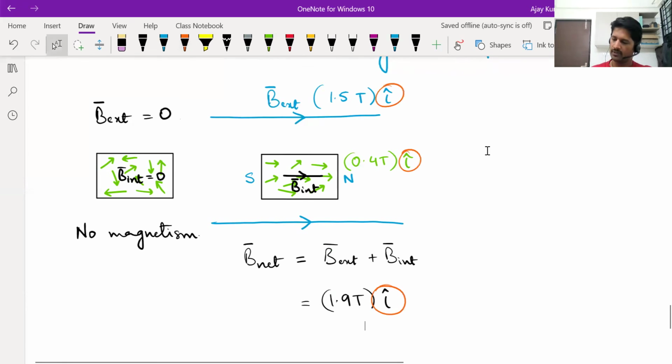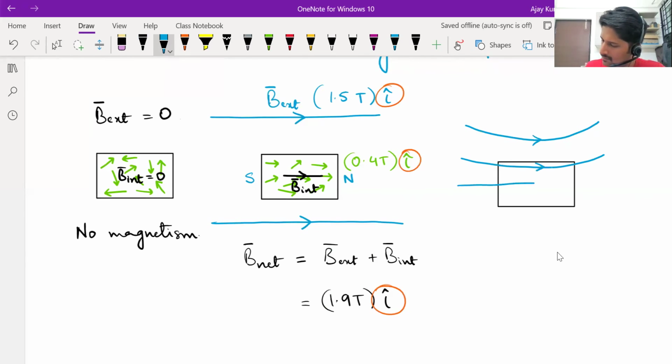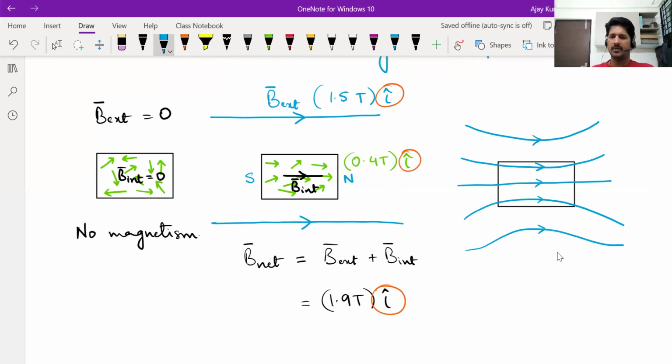So if you want to draw field lines, you should show them coming closer near the material. Okay, that will be the field line pattern around a paramagnetic substance.